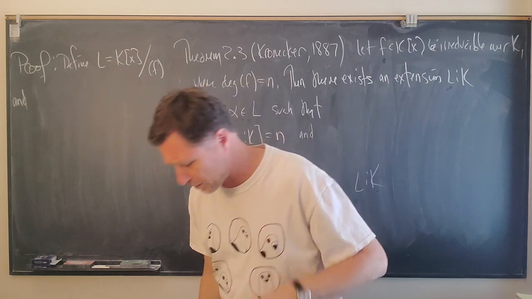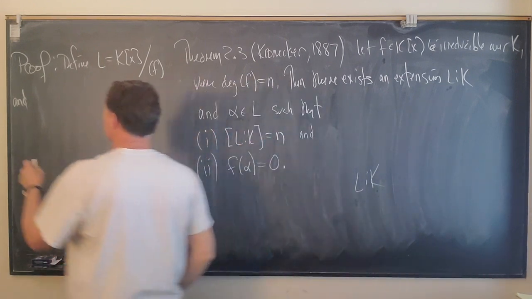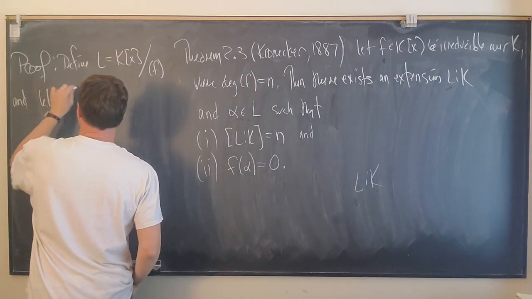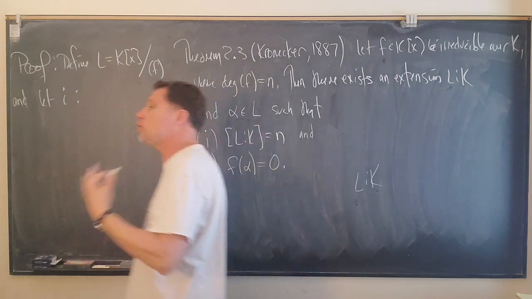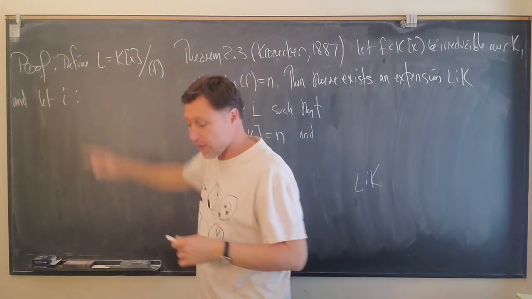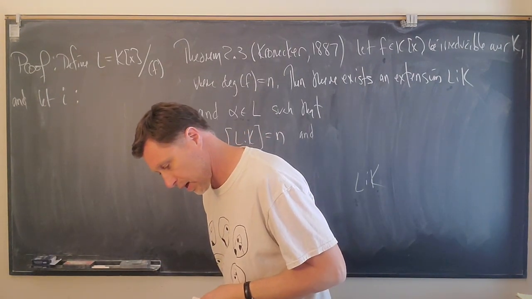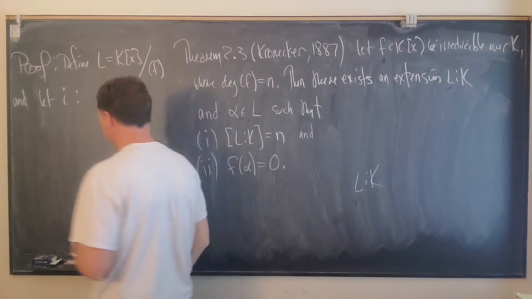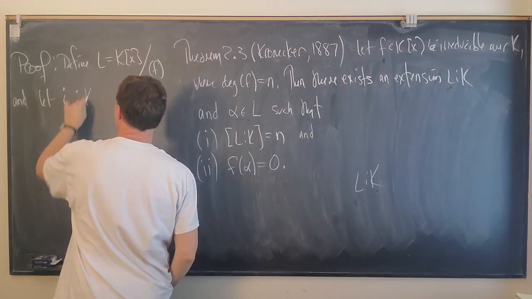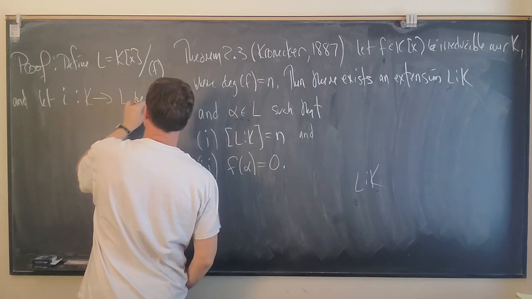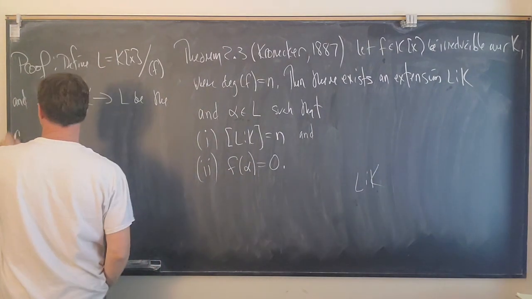All right, so let me just write up the details now. What I need is a way to view K as sitting inside L, and this is what's about to happen. So let I from K to L be the composition.